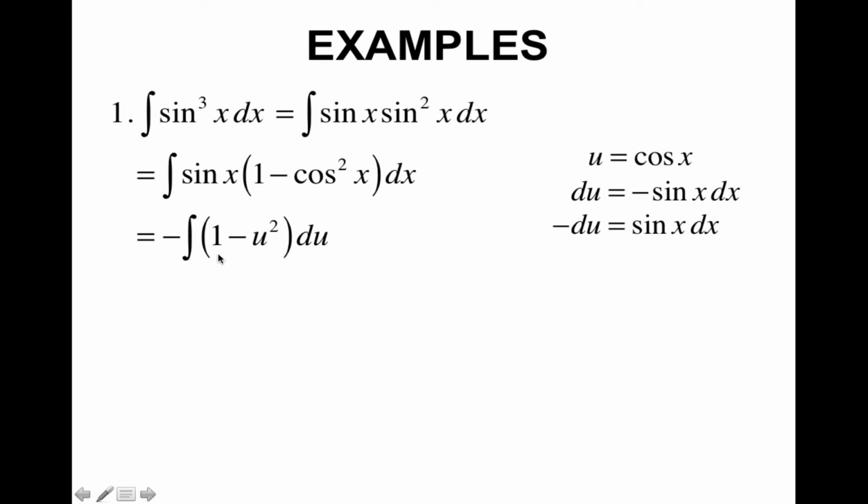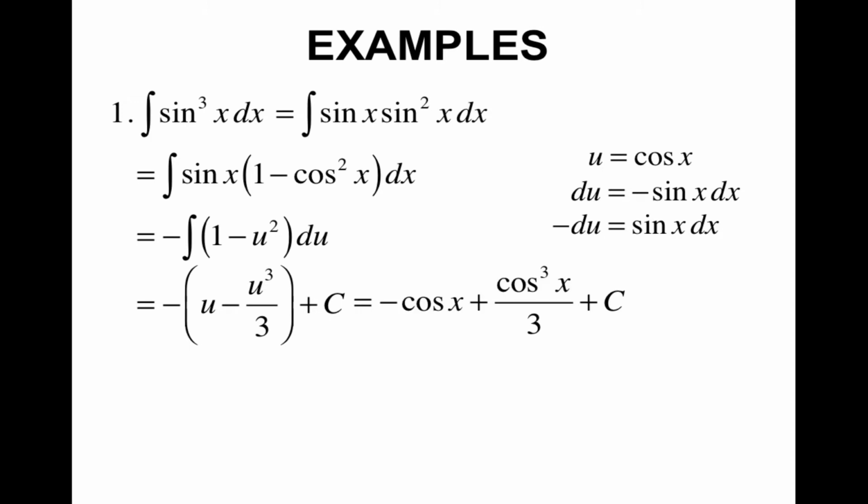So now I'm integrating 1 minus u squared, something that is much simpler to integrate. I get negative times the quantity u minus u cubed over 3, plus c. And then, of course, replace u with cosine, so that I now get negative cosine x plus cosine cubed x over 3 plus c. I also went ahead and distributed that negative sign.